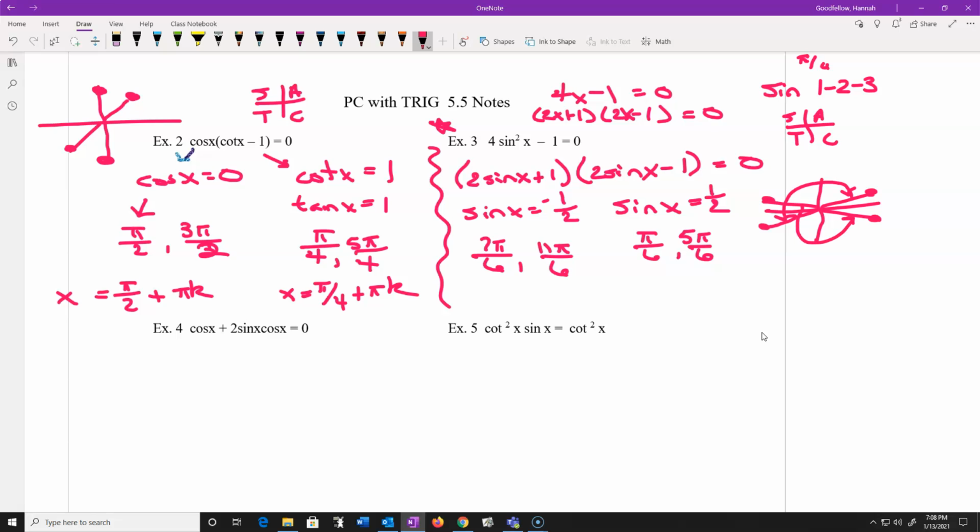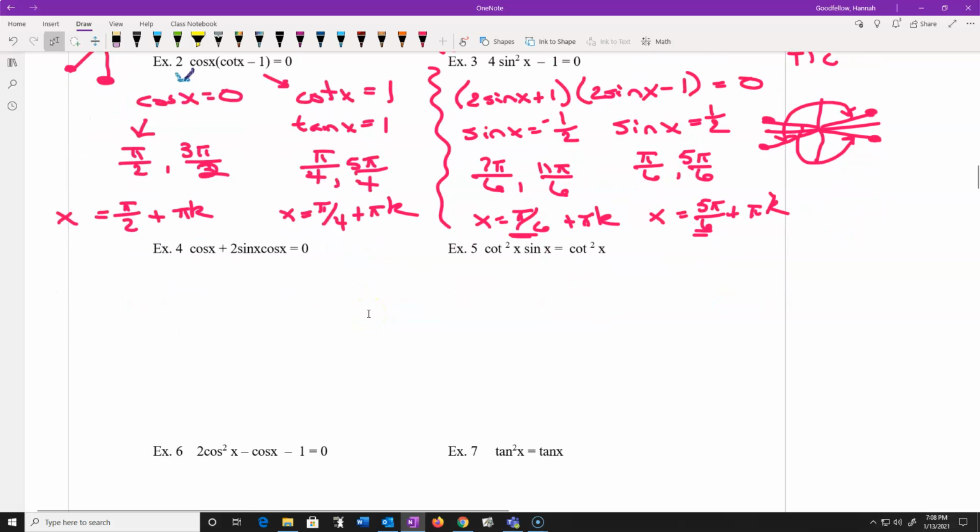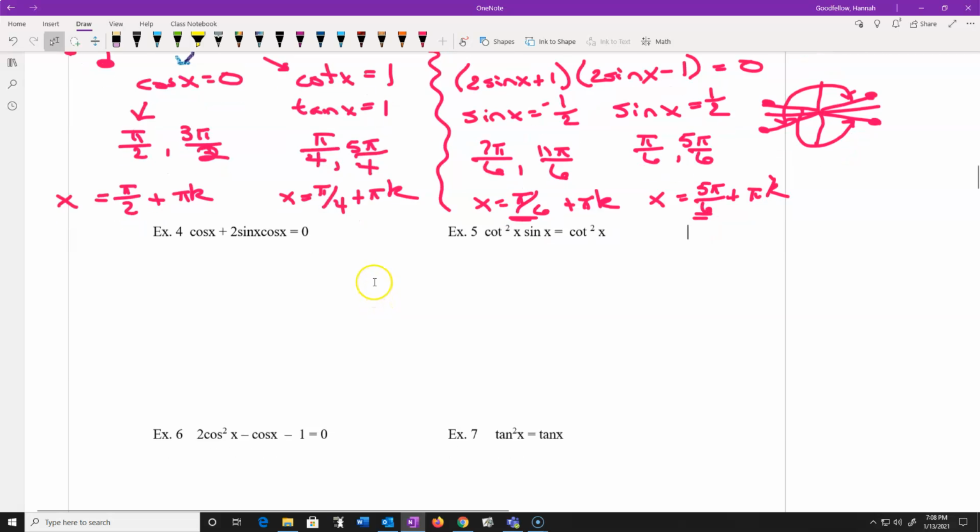So we could really write it as x is equal to pi over 6 plus pi k, and the other one would be from the second quadrant, or x is equal to 5 pi over 6 plus pi k. I try my best to pick the very first utterance of the solutions and then add on my recursive amount after that. So I try to pick anything that's in the first or second quadrant ahead of time, even though it technically doesn't matter as you rotate the actual axis based on the pi k's.